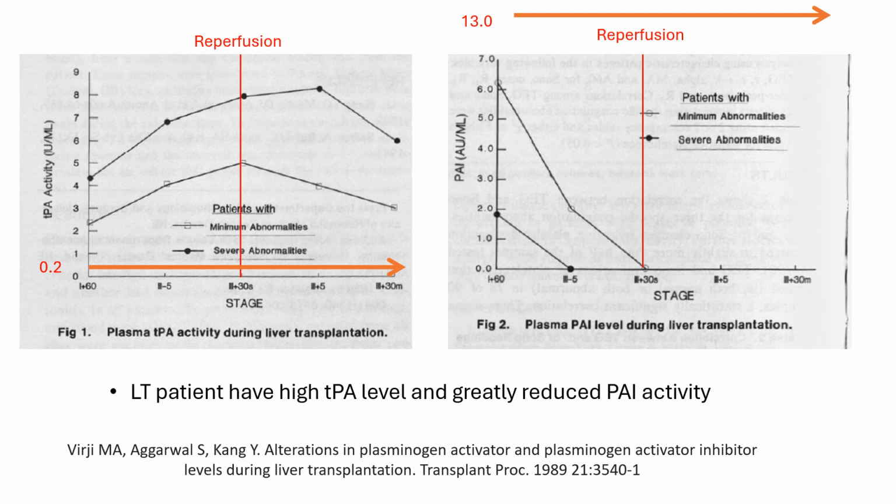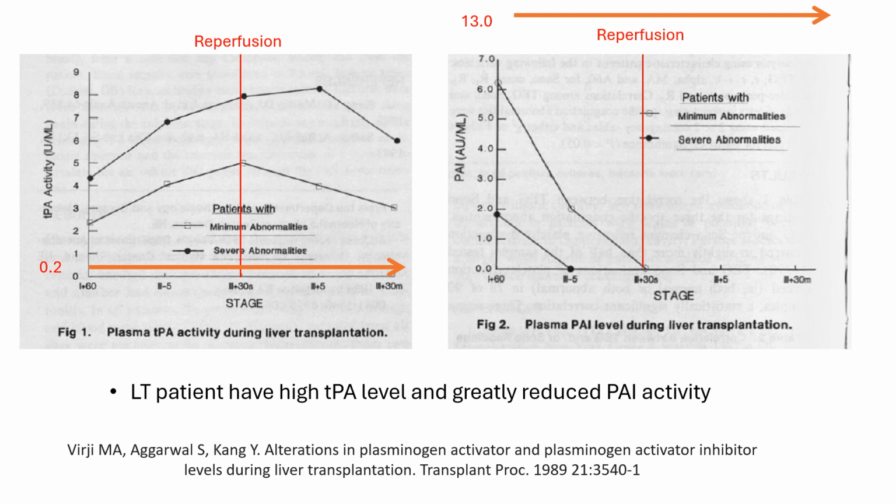The reference range for a normal patient for tPA activity is marked as an orange arrow, and it's about 0.2. This graph shows patients with minimum coagulation abnormality and severe coagulation abnormalities. Even in patients with minimum coagulation abnormalities, the baseline tPA activity level is about 10 times higher compared to a normal person.